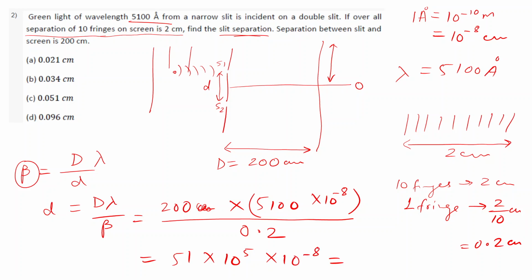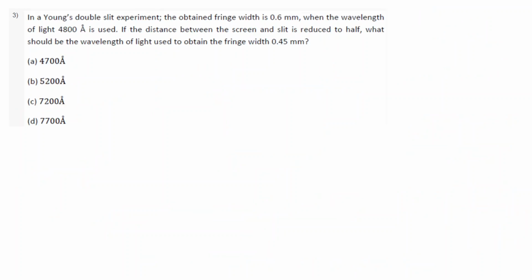That means finally it will be 51 times 10 to the power minus 3 centimeters. If I write it in decimal, it will be 0.051 centimeter. So our answer is option C. 0.051 centimeter is the slit separation for this particular question.